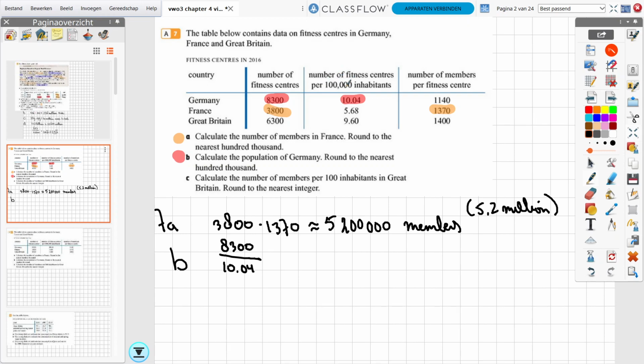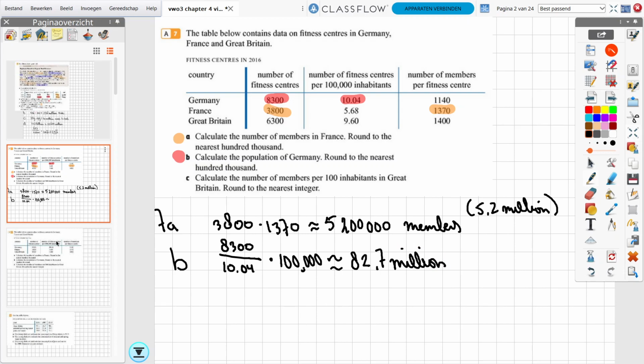So what I want to do is now multiply this by this 100,000. Right, like this. And that will give me, let's take a look, 82.7 million inhabitants.